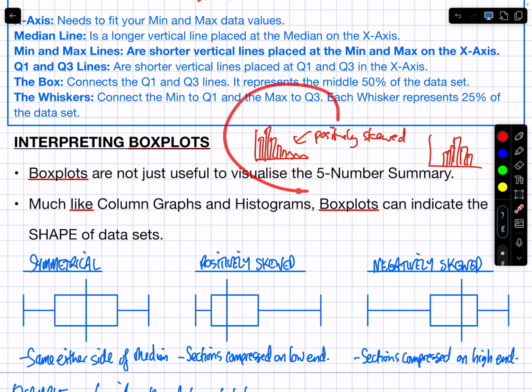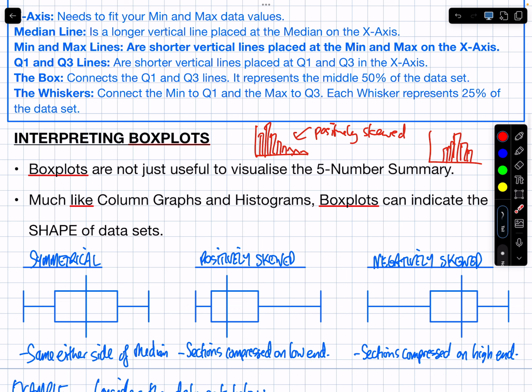Just like this, you've got more data on the low end. That's why it gets squished up. If it's squished up on the high end, it's negatively skewed. You need to be able to use those terms in your assignment coming up. So get real quick pictures of those, please, to tell you what's positively, negatively, and symmetrically skewed. We'll do one example together and I'll finally shut my mouth.